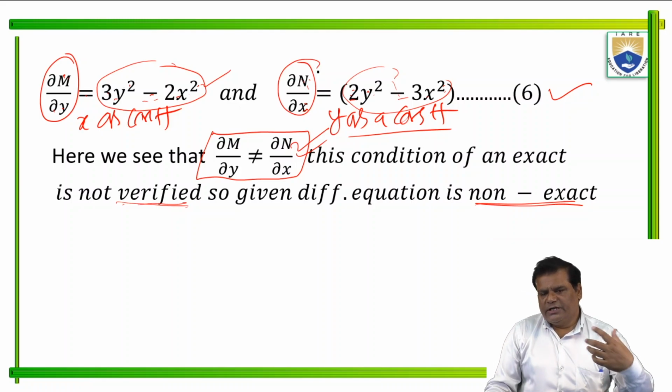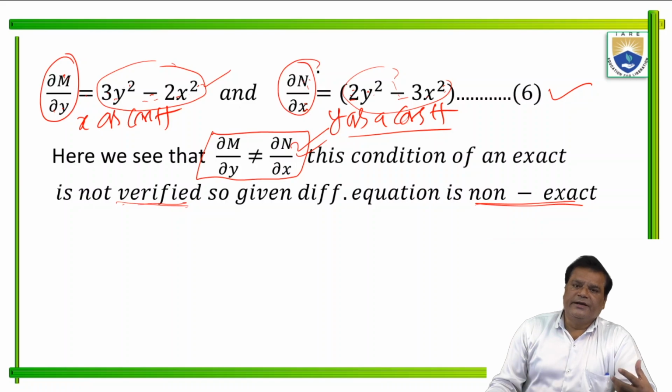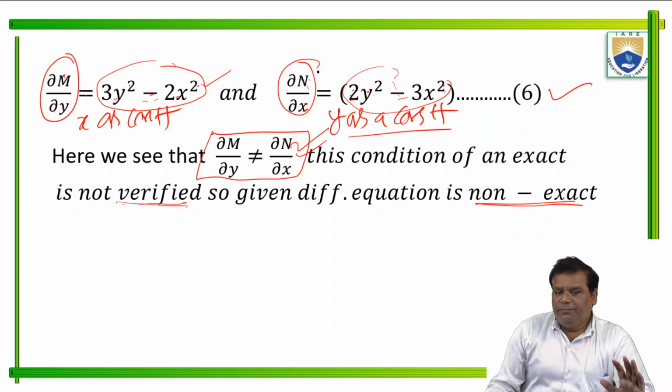What is an integrating factor? We multiply our given differential equation by a function, and the differential equation must become exact. Then that function is known as an integrating factor.